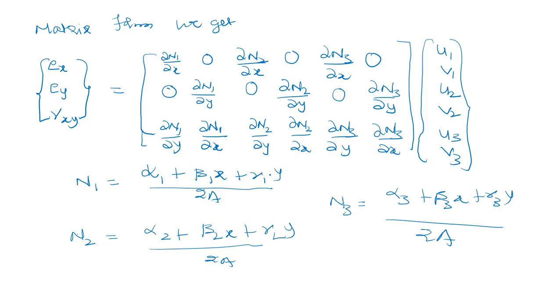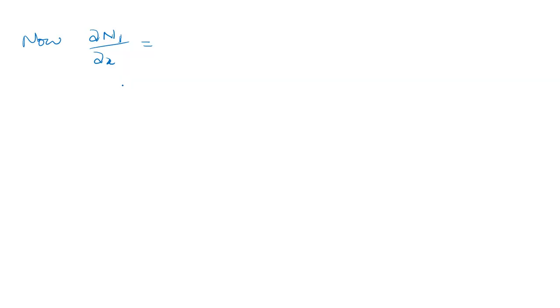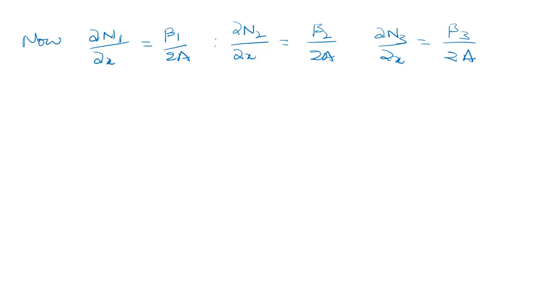Only beta 1 by 2A remains. Similarly, dou N2 by dou x is beta 2 by 2A, and dou N3 by dou x is equal to beta 3 by 2A.